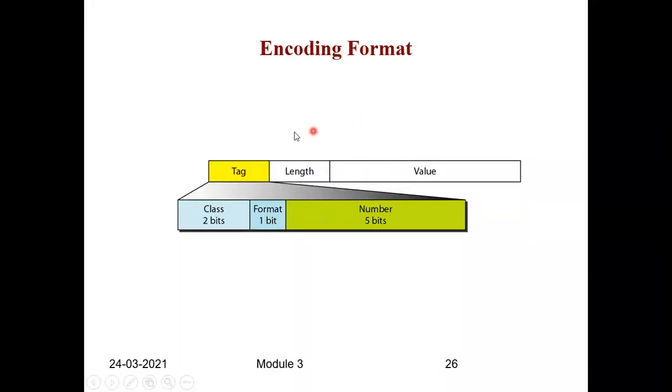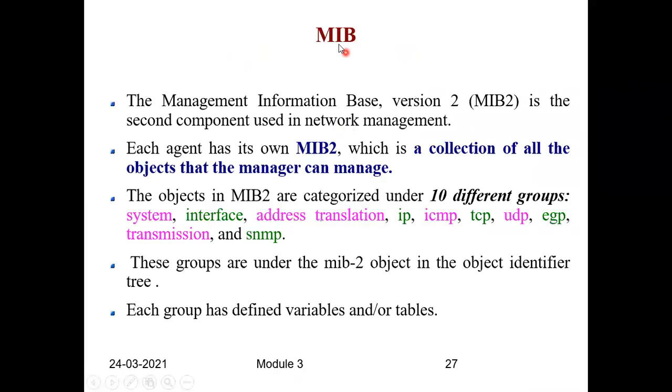We are not going into detail of this because we have already covered it and you have answered the question in your IA1. The same TLV encoding we are using for SNMP as well. So we finished with your SMI.